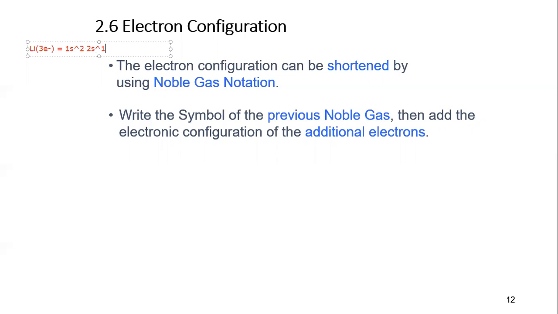So we can rewrite this as, we put helium in brackets, and so the 1s2 is represented by helium, and then we have the important part for lithium, which is 2s1. And so this is the shortened or abbreviated notation for lithium. So again, when we write the helium in brackets, it's referring to the 1s2, because 1s2 is the electron configuration of helium.